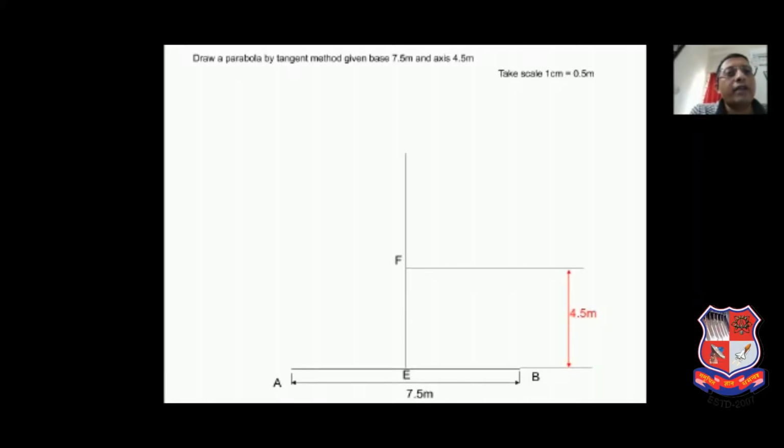Then from F further we draw a vertical line. So the length of this line FO is 4.5 meter. Okay. So now we join point A to point O by straight inclined line.